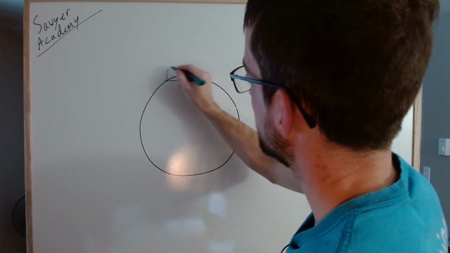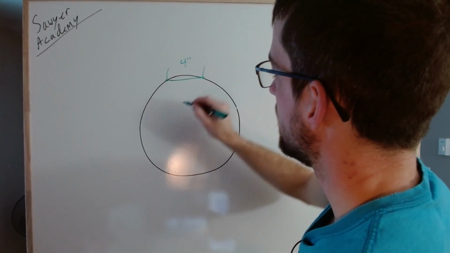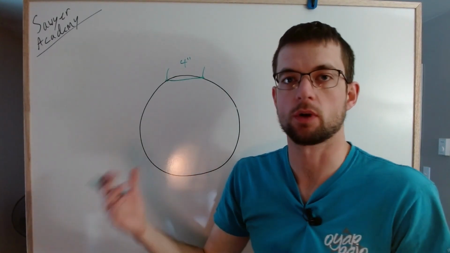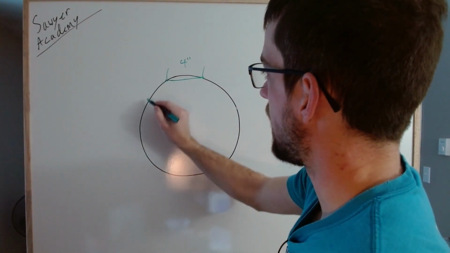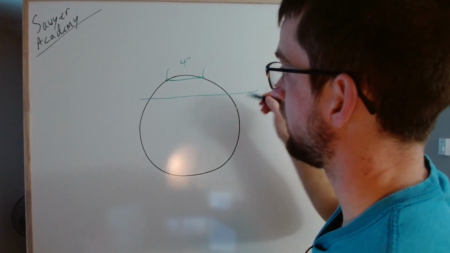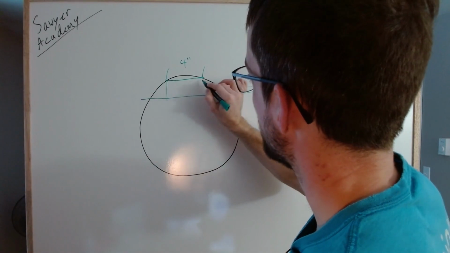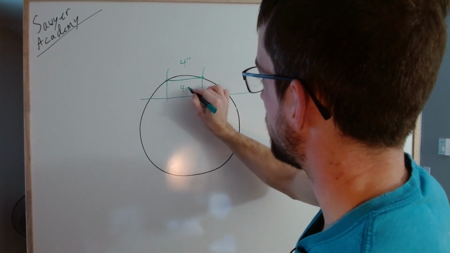Whether we're doing 1x4s, 2x4s, or 6/4, it doesn't matter. After our second cut, however thick it is, once we re-edge this board, it's going to be 4 inches wide.